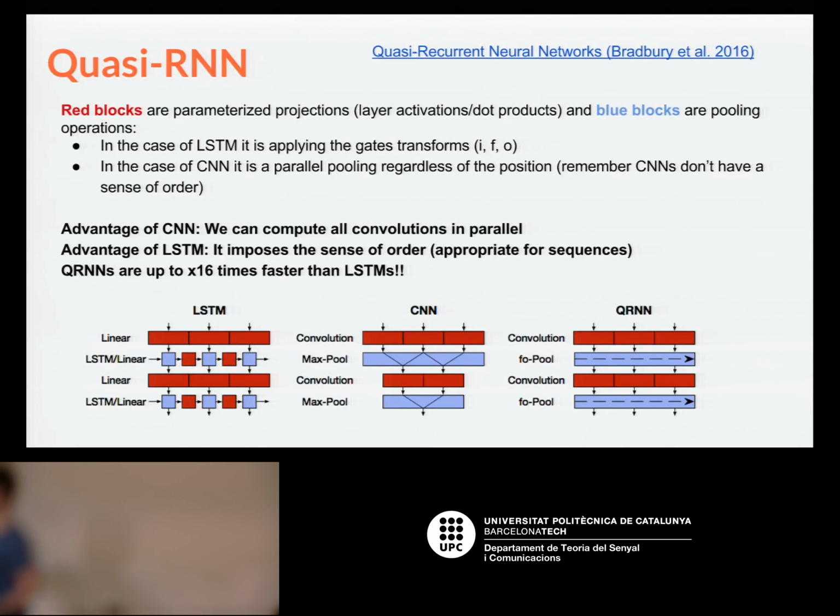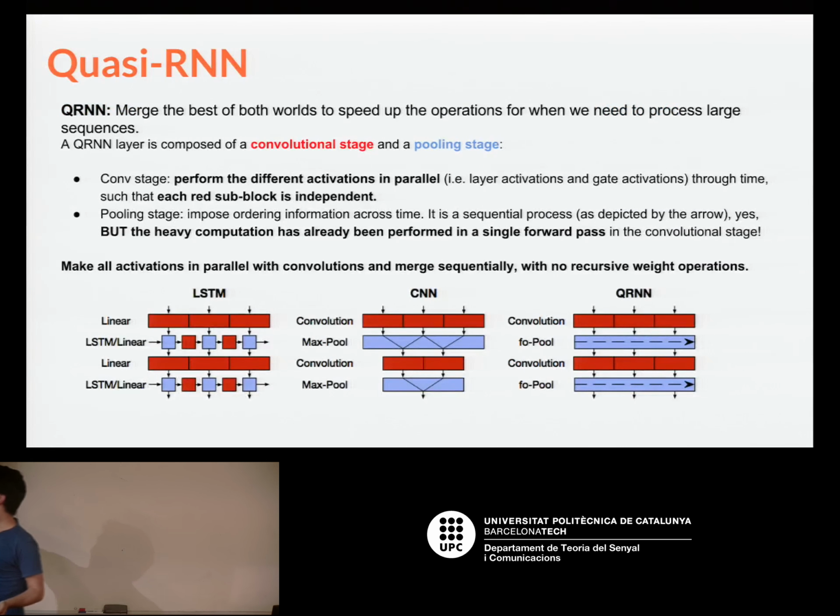They have no notion of order, but we can try to mix up the best of both worlds, and that's the Quasi-RNN, where we have first a convolutional stage, like here, but with causal convolutions, the one I showed you, because we want this causality to be respected as we're dealing with sequences, and we want to imitate somehow the RNNs.